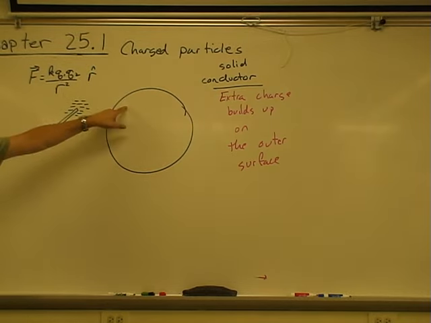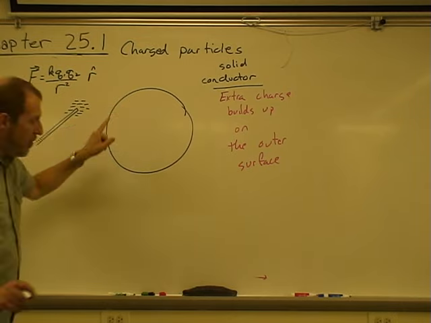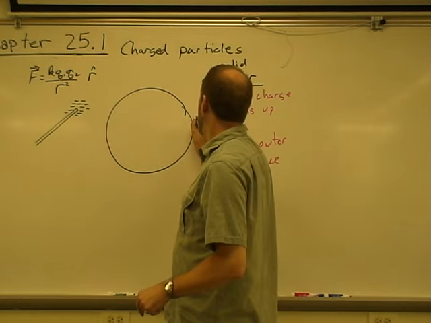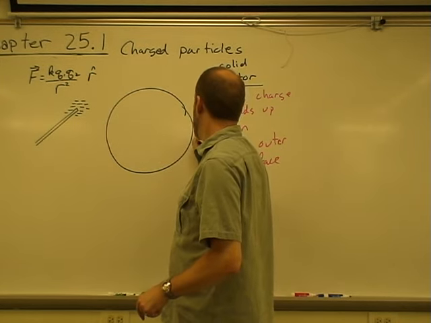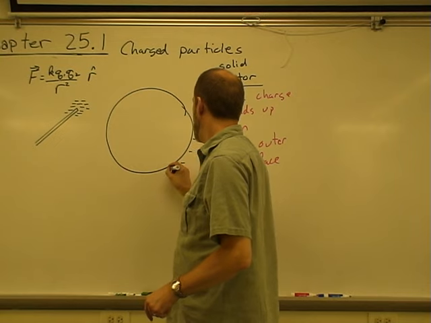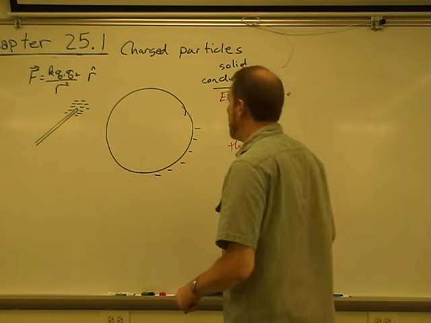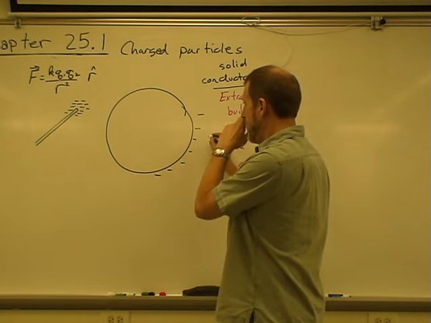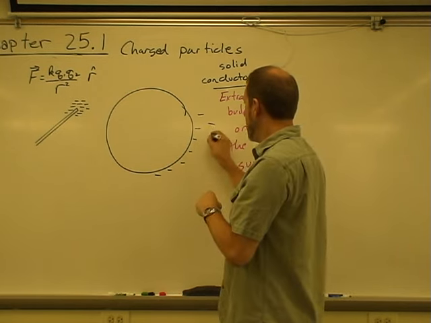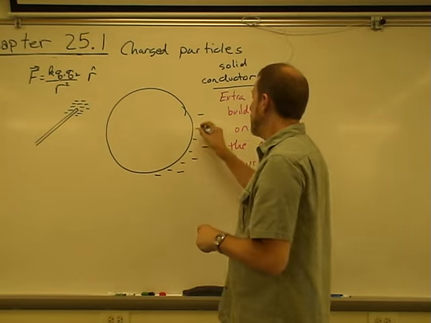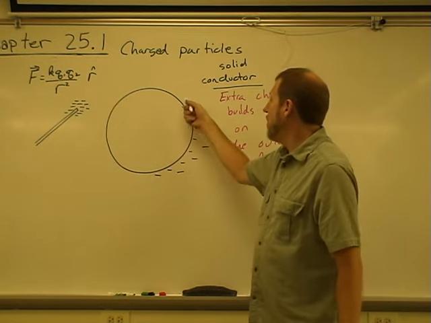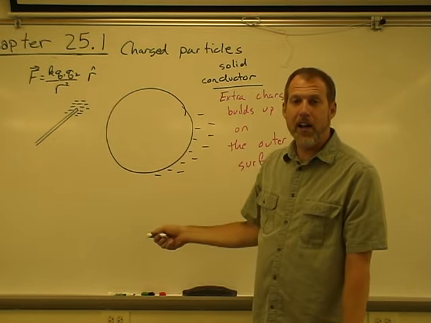You have positively charged protons and an equal number of negatively charged electrons. So what's going to happen is that the electrons here are going to feel a repulsive force, so they're going to end up as far away as they can from this and from each other, so they're going to spread out on this side.